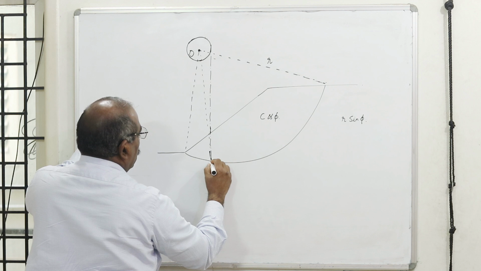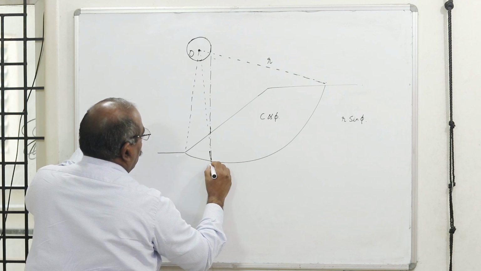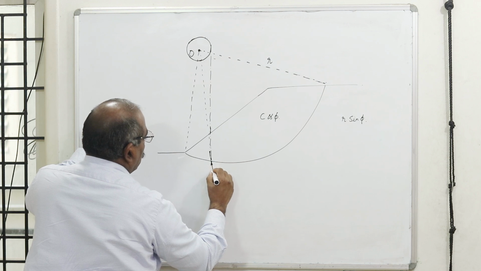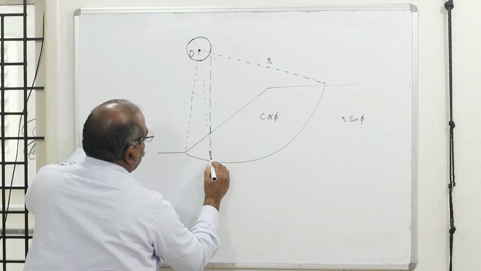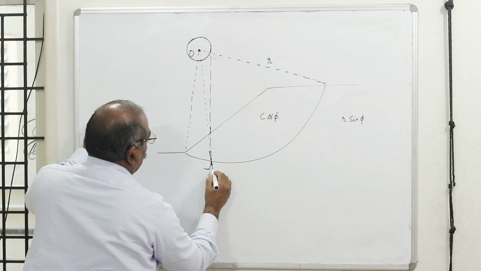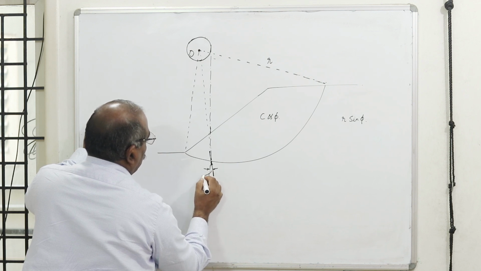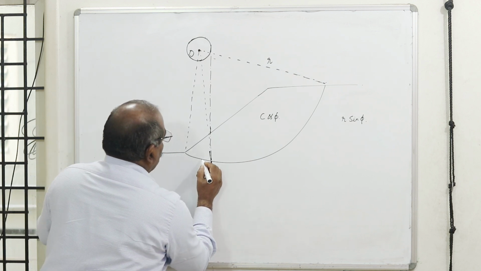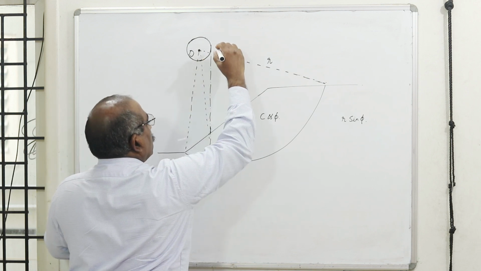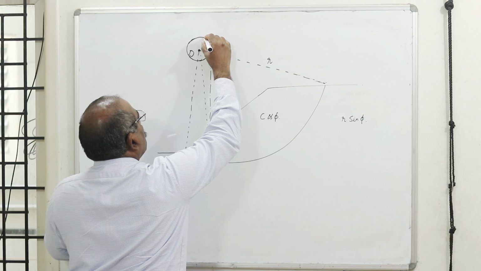Let us say this is the normal at this position, and it is found to pass at an inclination phi.